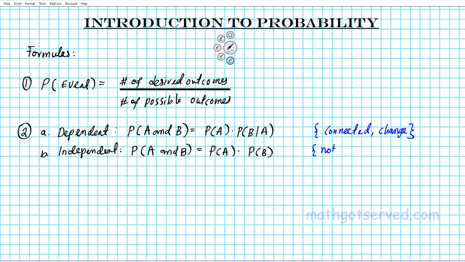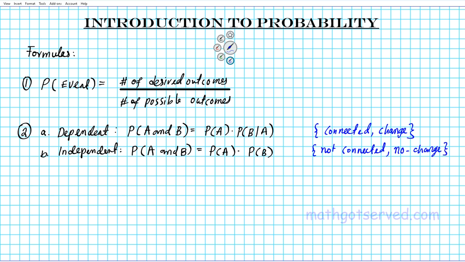For example, you're flipping a coin repeatedly. The first flip does not change the geometry of the coin, so you have equal likelihood to get a head or a tail, 50% each, regardless of how many times you flip the coin.